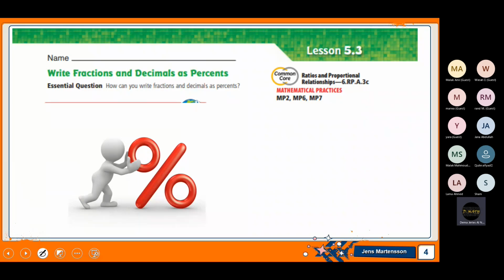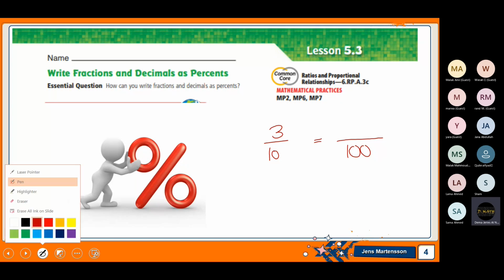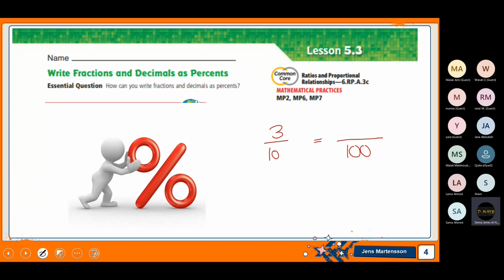Like if you have 3 over 10, this is a fraction. You want to write it as a percent. What you will do? You will ask yourself, percent means per 100. But here my denominator is 10. So now I will ask myself, what is the number that when I multiply it by 10, I get 100?